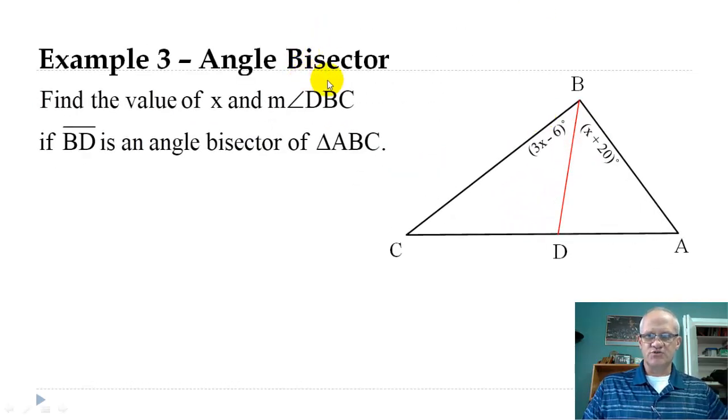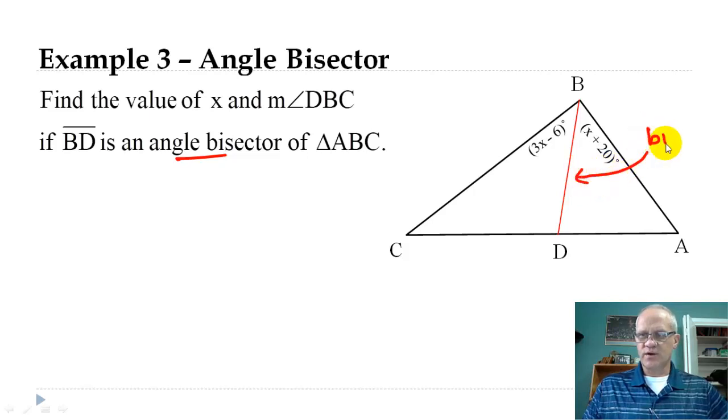Here's an example. We've got a triangle, and it tells us it's an angle bisector. So we know that this red line is our angle bisector, and it means this angle is congruent to that angle. We have these marked here.